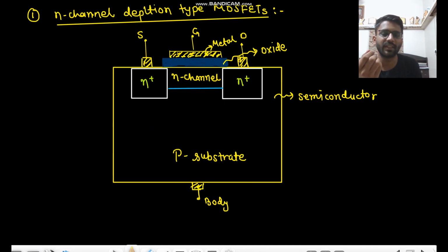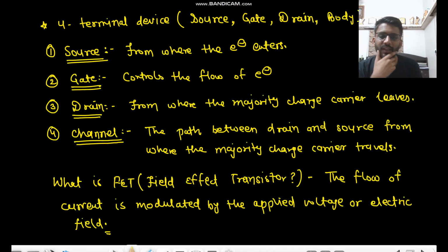Here the majority charge carrier is electrons, because this is n plus. N plus means highly doped n type semiconductor, and simply n means lightly doped, lesser doped than n plus.